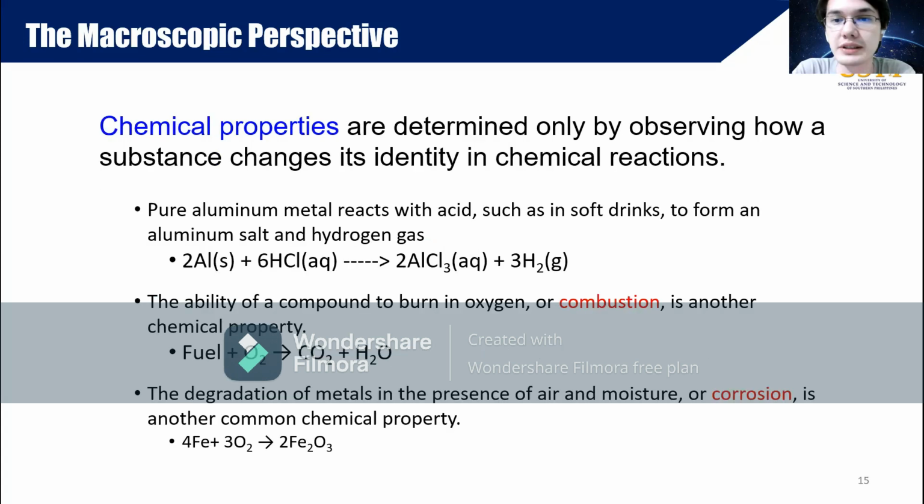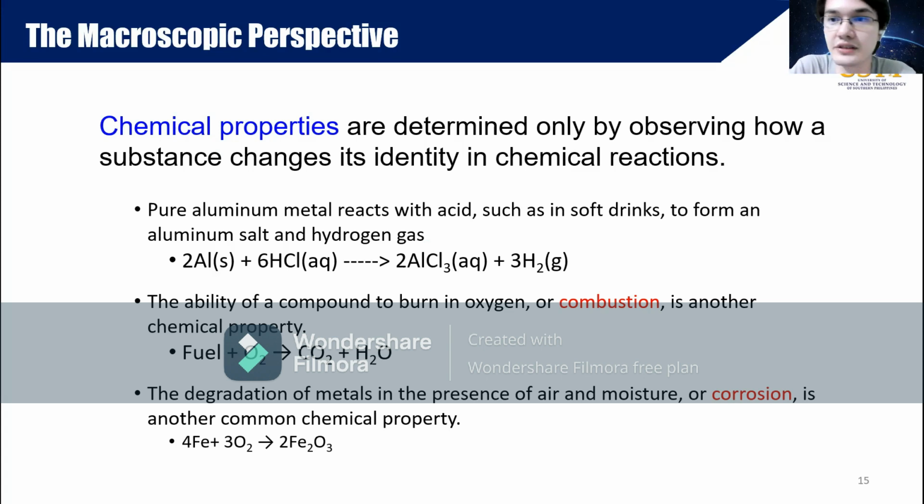Then we have chemical properties which are determined only by observing how a substance changes its identity in chemical reactions. Ang example sa chemical properties kay ang flammability sa usa ka substance. For example, the ability of a compound to burn in oxygen. So combustible ba siya?